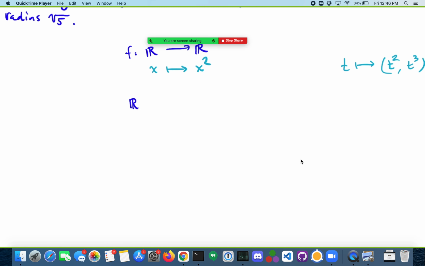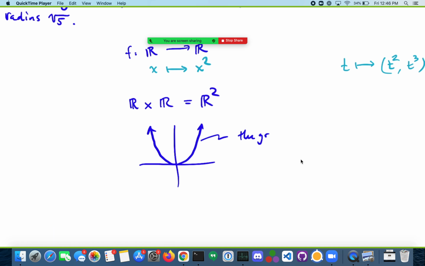R, the input space, times, like a set times, this is called Cartesian product, with the output space. We put them together. And actually this is just the plane R2. And so the graph actually lives in the plane. In this example, it looks like this. This is the graph.